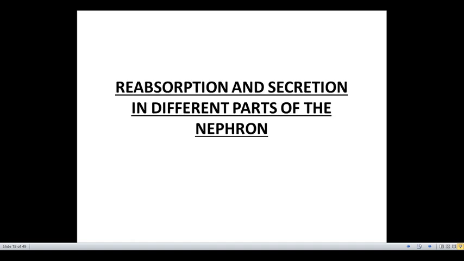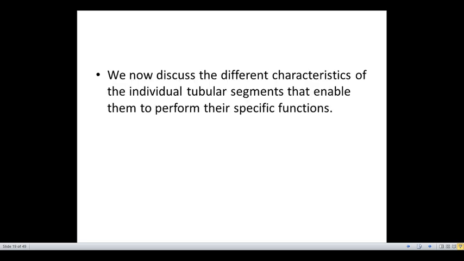Reabsorption and secretion in different parts of the nephron. We now discuss the different characteristics of the individual tubular segments that enable them to perform their specific functions.